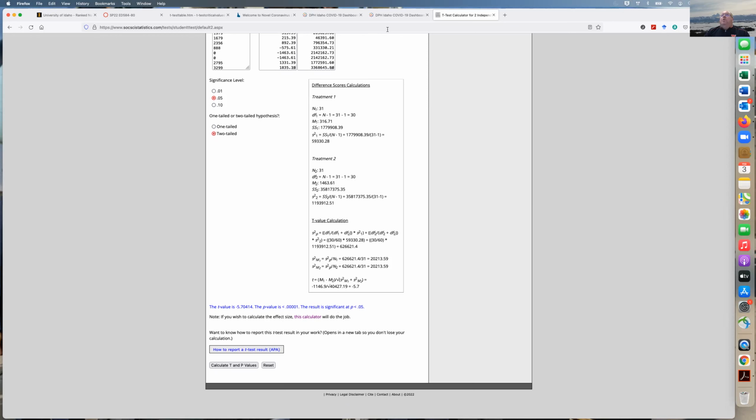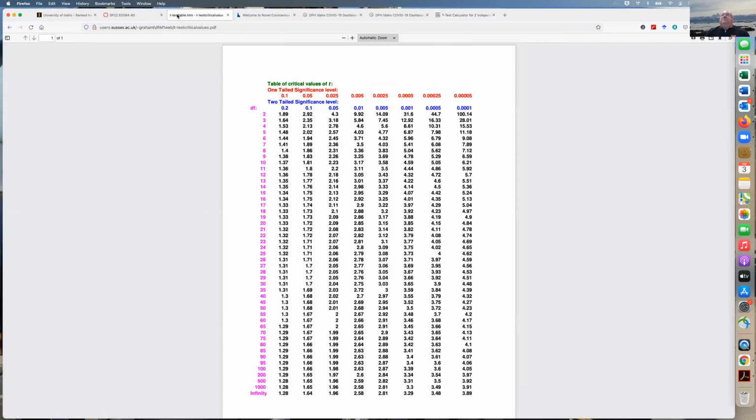We can also go in and look at a chart. So remember, minus 5.7. There's a chart in the back of the book. You can go in here and take your t number and measure it against the critical value. So we'll go to the 0.05.